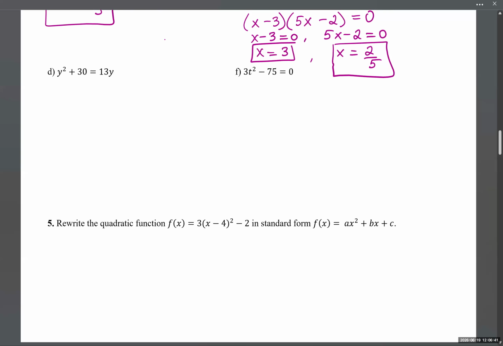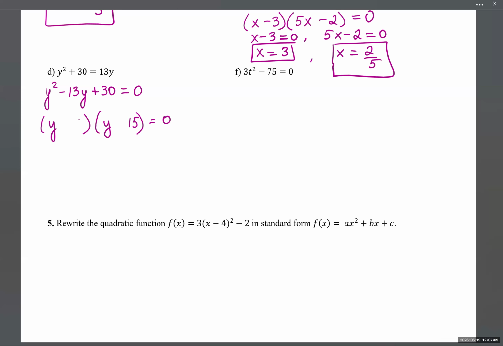Part D, once again, we have a quadratic that's not in standard form, so go ahead and put it in standard form. Y squared minus 13y plus 30 equals 0. We'll go ahead and factor this out. Once again, two numbers that multiply to 30, but this time they add to negative 13.